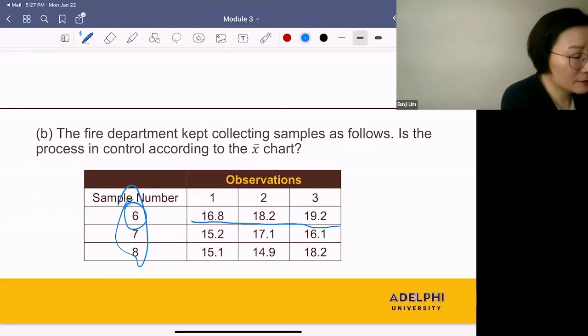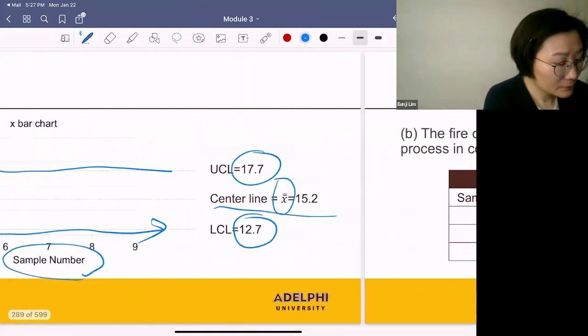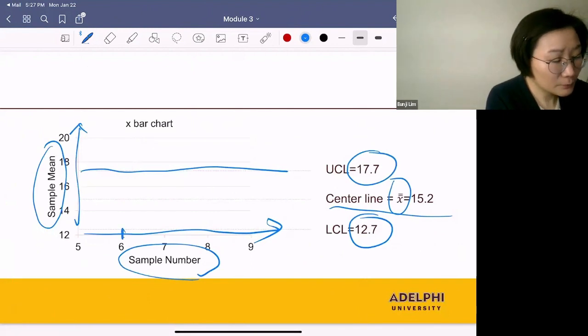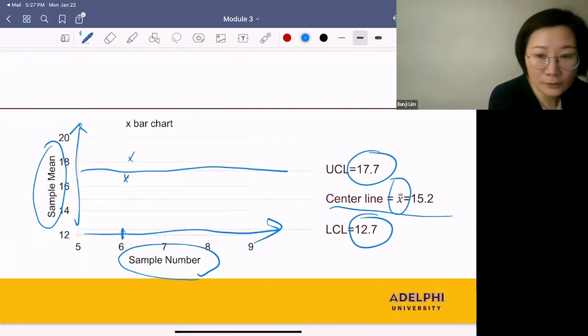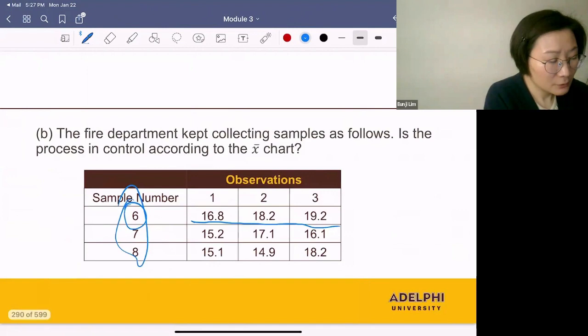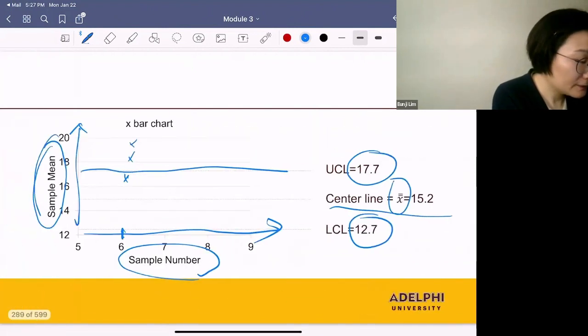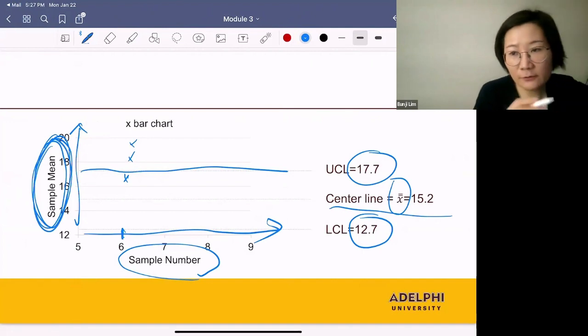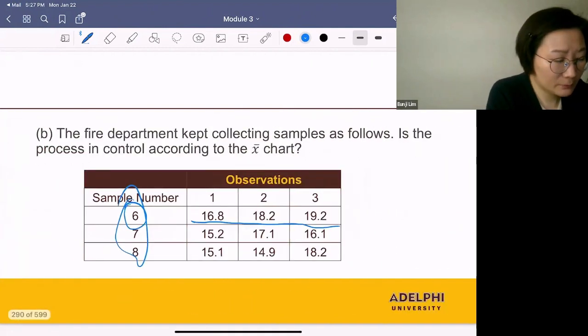So let's plot this on the X-bar chart. For sample number 6, should we plot all 3 values, 16.8, 18.2, and 19.2? No, remember, the y-axis of the X-bar chart is the sample mean, so we need to find the sample mean for each sample.